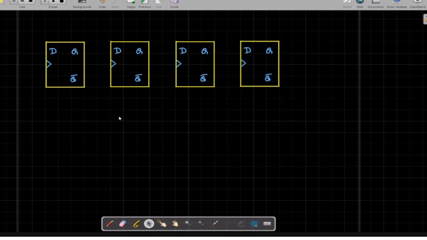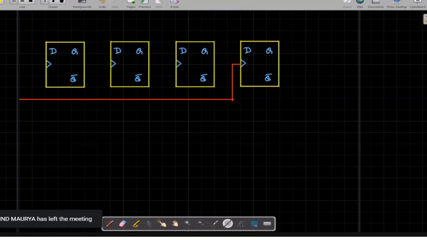Just because these register counters come under synchronous design, we have to provide a common clock to all the flip-flops. So this is the common clock input which we provide to all flip-flops.